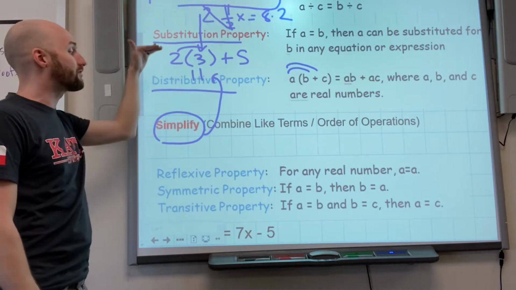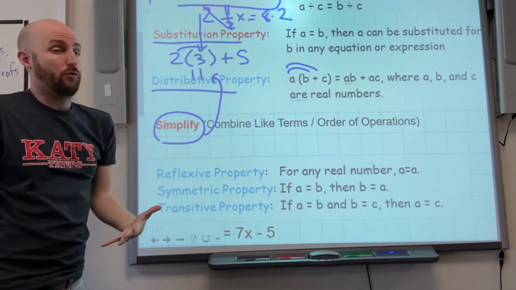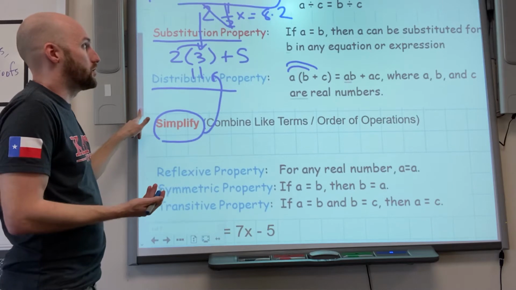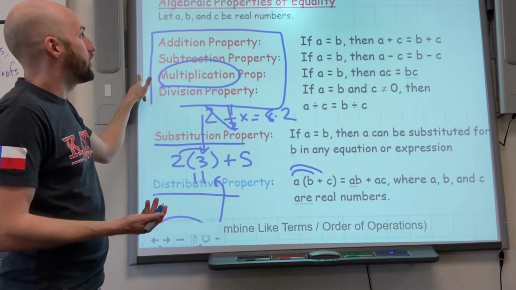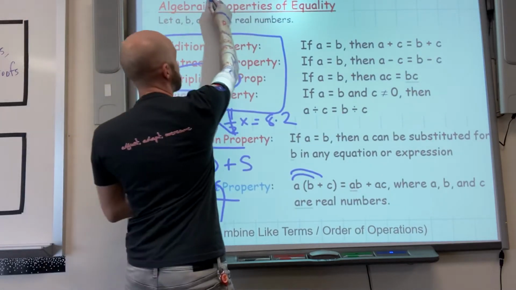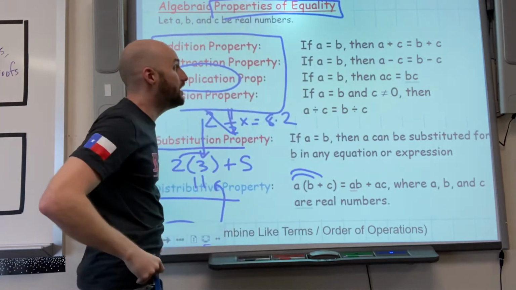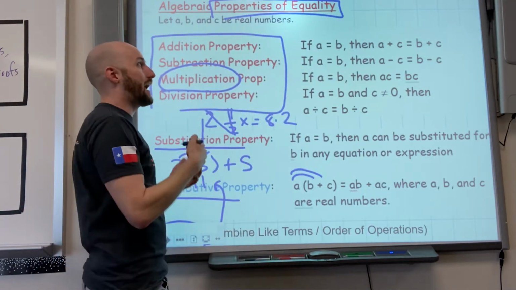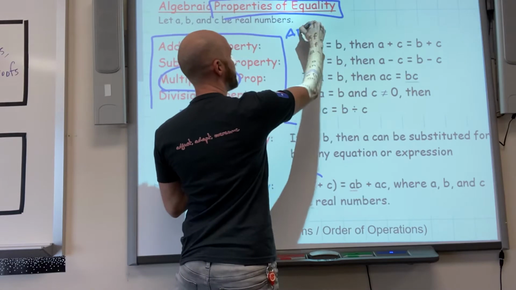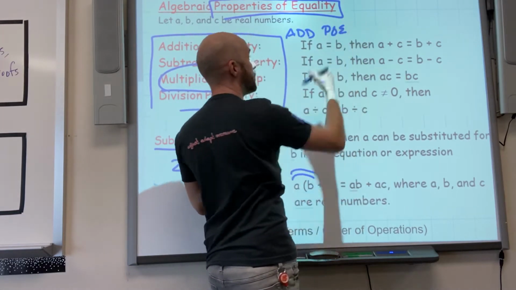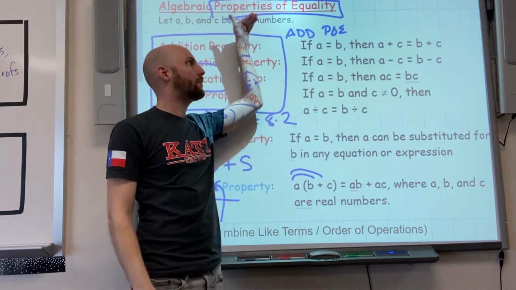Those are all the words I expect you to have seen before, and just know that we're going to use them. Another thing I want to point out is that these are called algebra properties of equality. So a lot of times when I write that I added to both sides, you're going to see us write the step as add POE. POE means property of equality.